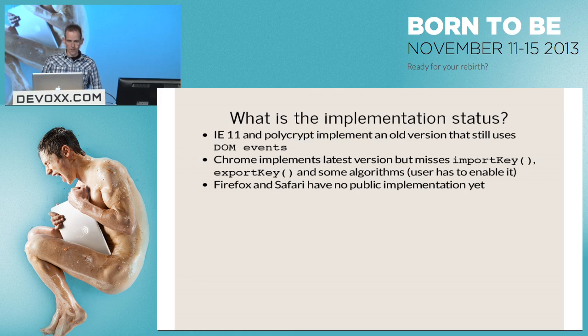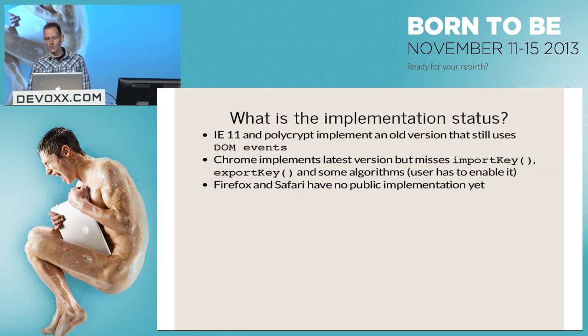So if you want to use it now, it's a bit tedious because you have to write your code detecting if it's still using the DOM events old way or the new way, how Chrome implements it using promises. But of course it's doable because it's only a couple of lines to make the switch. I did it in my examples, but in our next release, IE will switch to the promises version of the API.